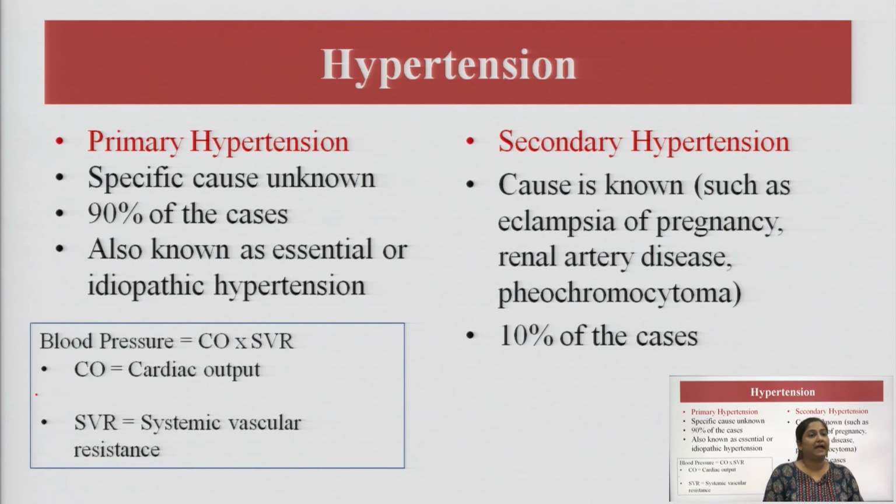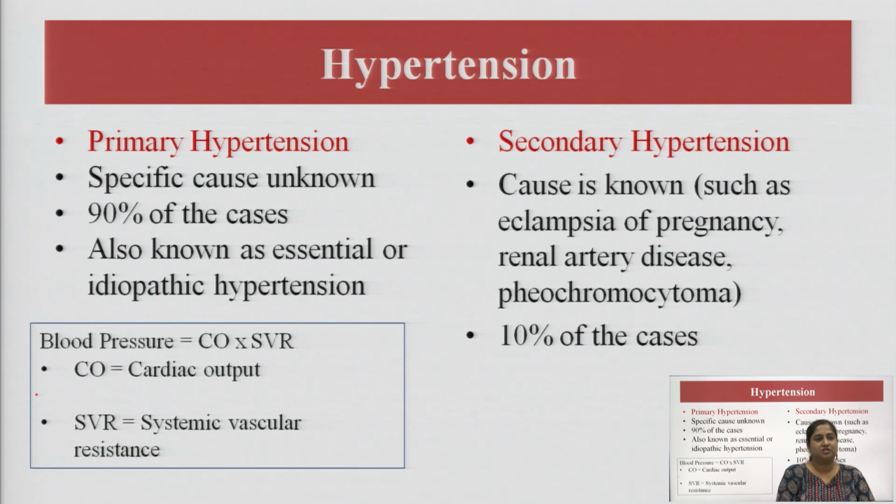Now, there are two types of hypertension, that means the higher BP. We are not talking about the lower BP, we are talking about the higher BP. It can be called higher BP, it can be called hypertension, anything. So, there are two types of it, primary and secondary.